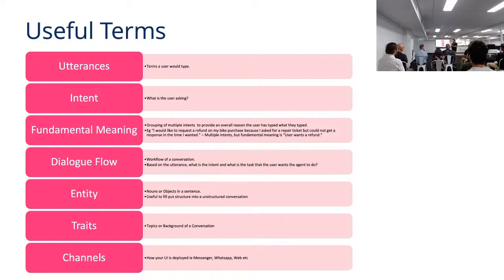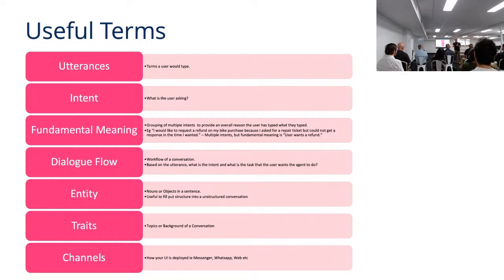Traits are kind of interesting, right? They're the topics or backgrounds of a conversation. We use traits to cater the conversations. A good example of a trait is something like a flight refund, or whatever the case may be.